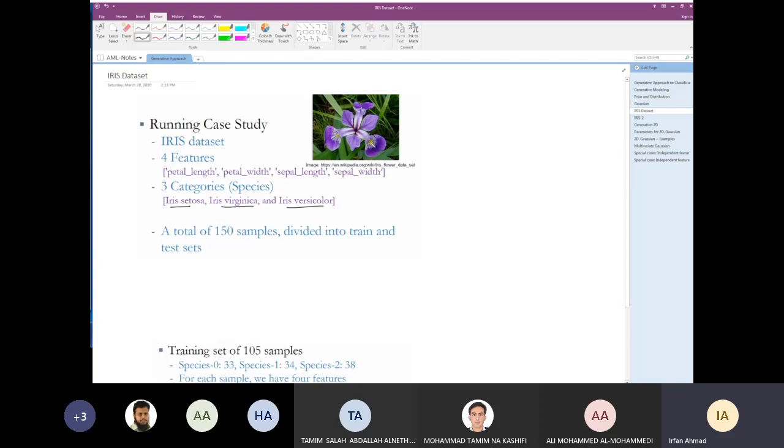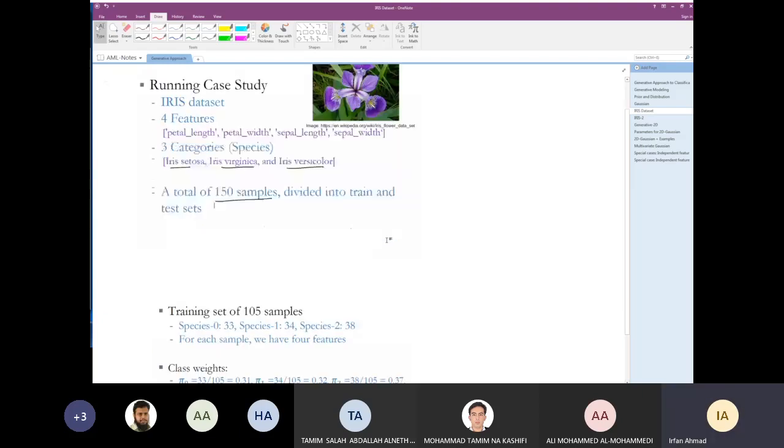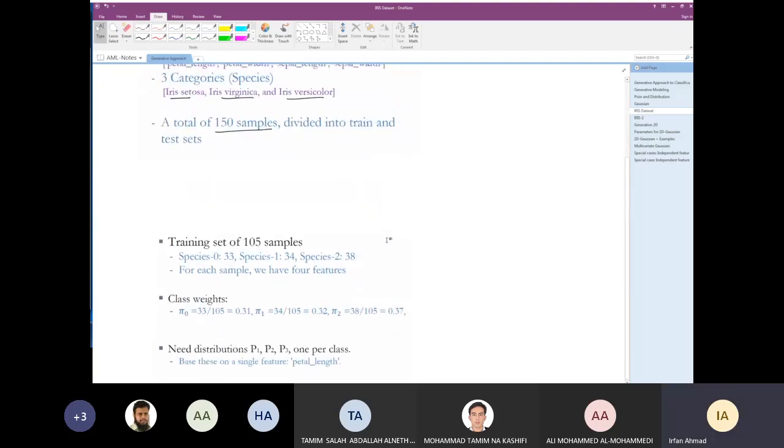You have only 150 samples, divided into a training set and a test set. Let's see what we have here. If you fit generative modeling, let's say there is species 0, species 1, and species 2. Out of 150, 105 samples were allocated for training.